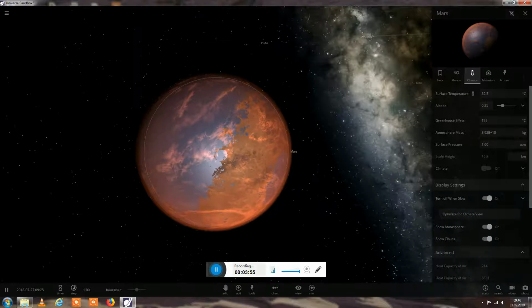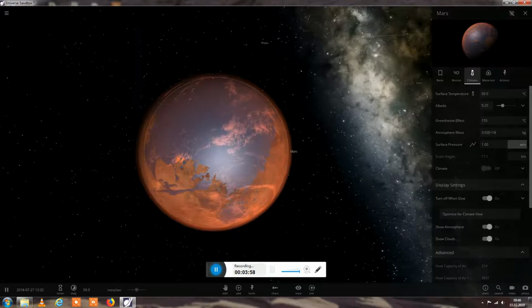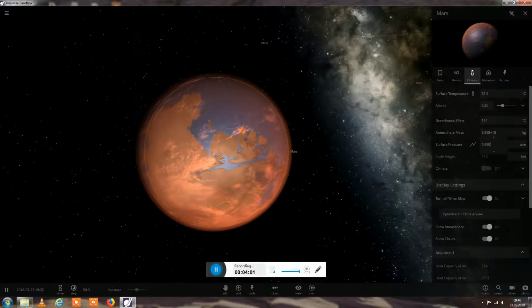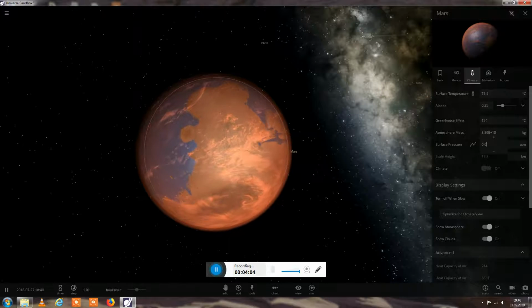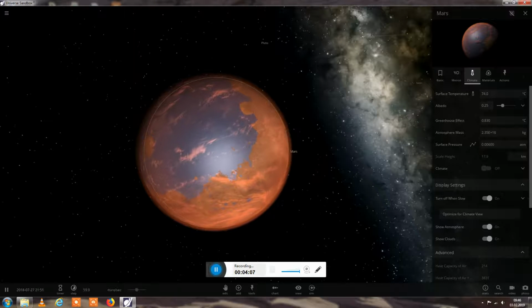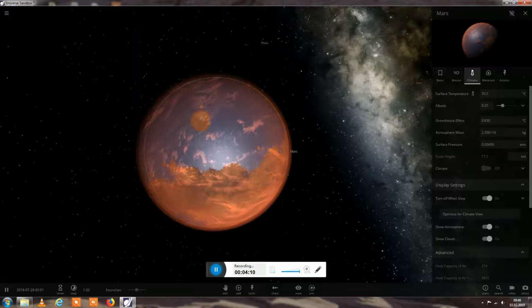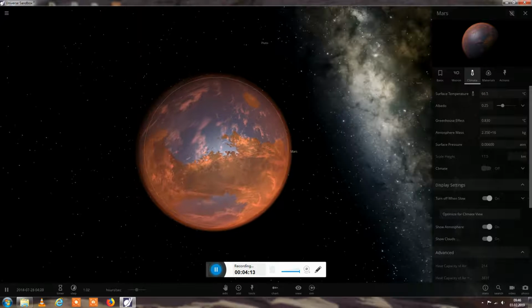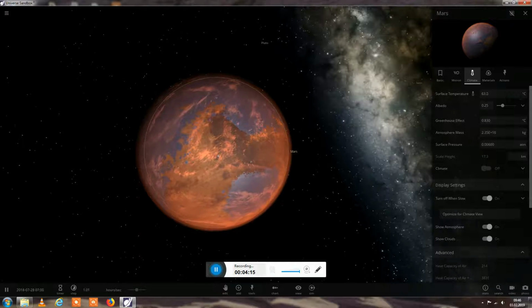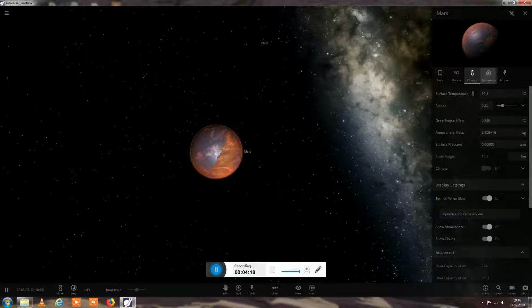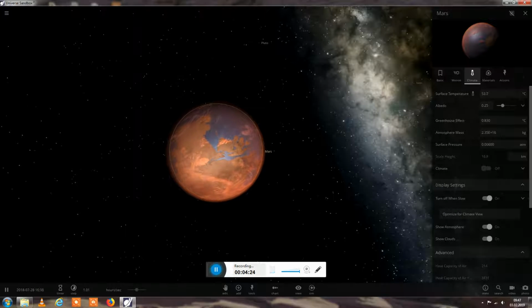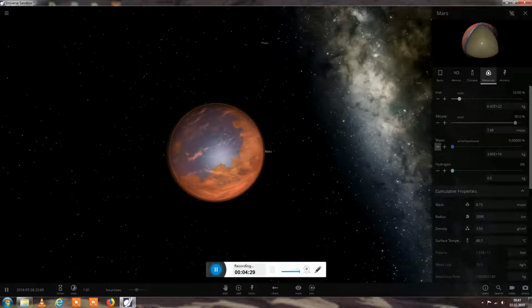It would have looked very similar to Earth, but then it essentially lost its atmosphere, because its gravity is too weak to hold on to a thick atmosphere. So over time, as the atmosphere became thinner, the water that it had either evaporated away or formed the North and South Pole ice caps.